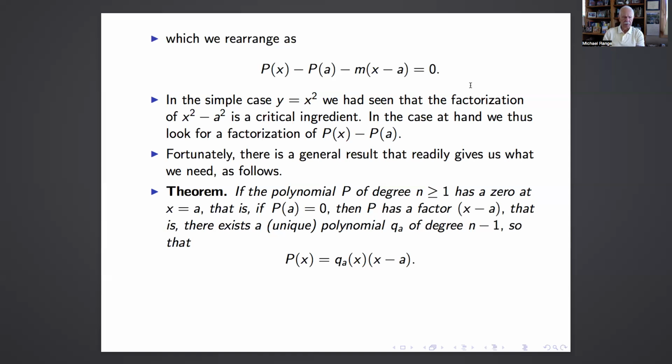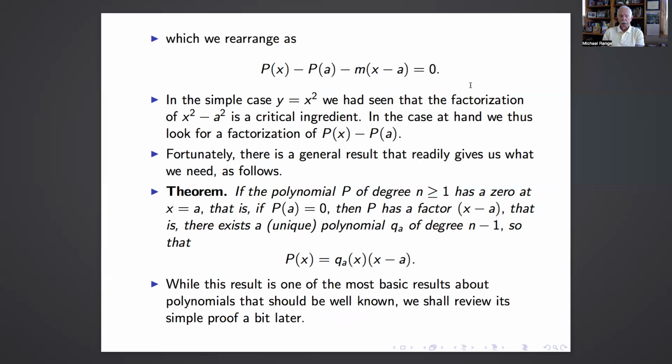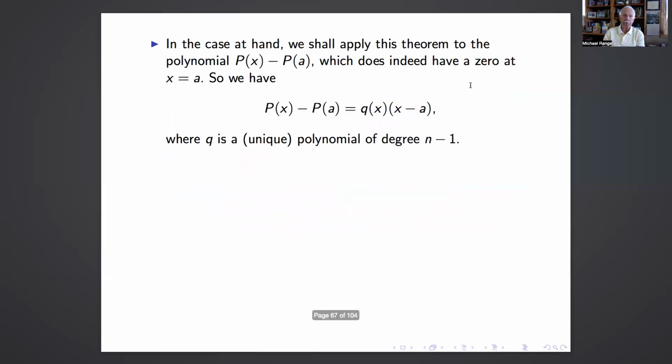That is, there exists a unique polynomial q sub a of degree n minus 1, so that p of x can be written as a product of q sub a, that polynomial of degree n minus 1, multiplied with x minus a. Now, this result is, in fact, one of the most basic results about polynomials that should be well known, but we shall review its simple proof a little bit later.